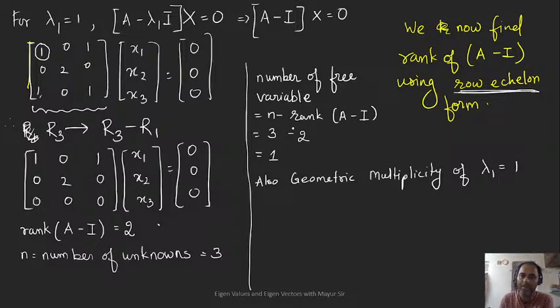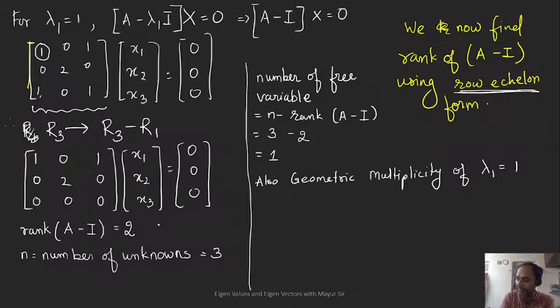You have to remember that I gave you the formula in the beginning of the stream today: it is n minus rank of A minus lambda i I, for that particular eigenvalue lambda i.